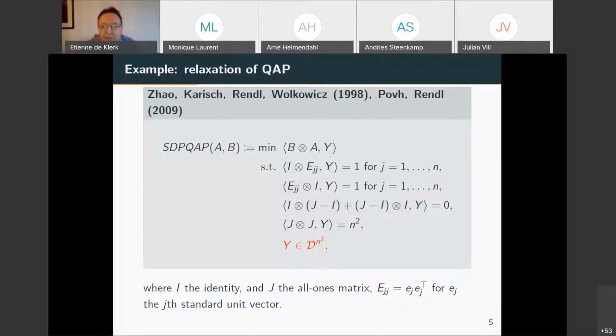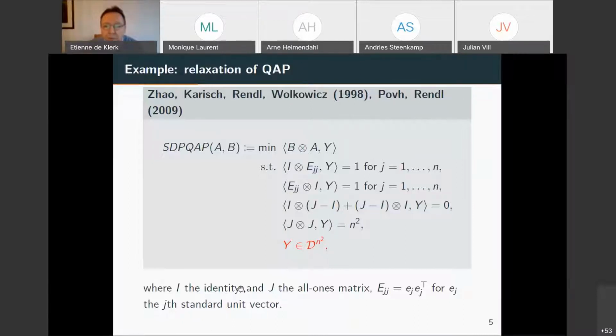It's a nice exercise for students to verify that this is indeed a relaxation of the quadratic assignment problem. If one substitutes Y as vec X times vec X transposed, then indeed you get a feasible solution.